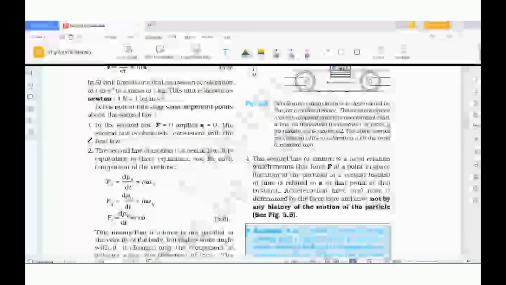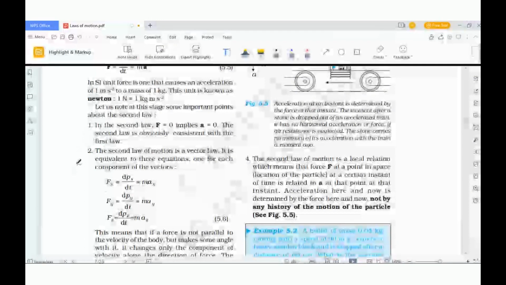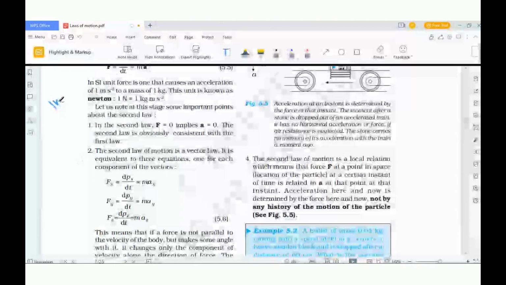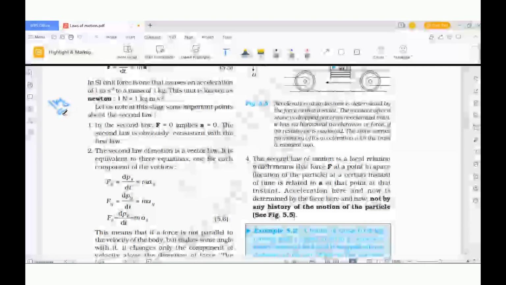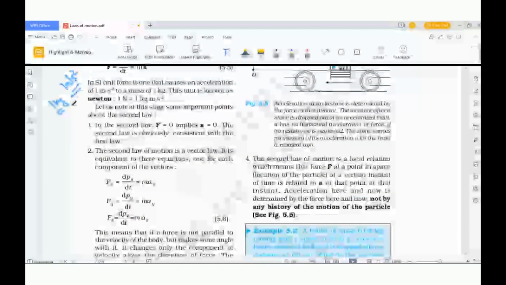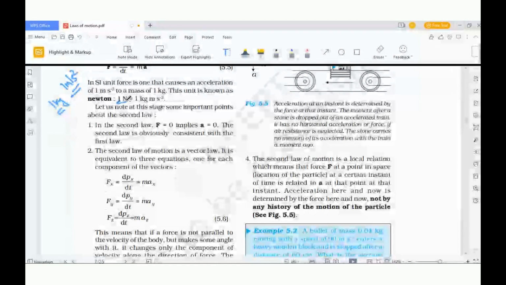If you want to define any unit, we take one equation corresponding to that unit and make all the parameters there as unit, like 1, and then that will be equal to the corresponding unit. Let us say there is 1 kg mass and some force acts on it and it produces an acceleration of 1 meter per second square. Then the force is said to be equal to 1 Newton.